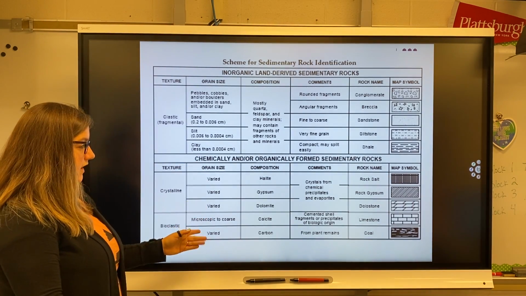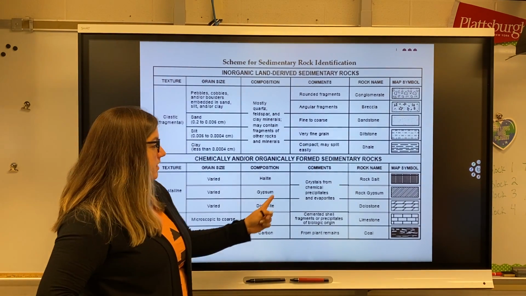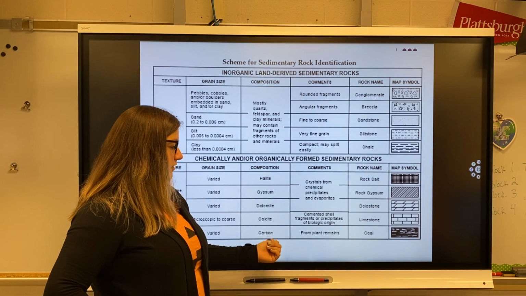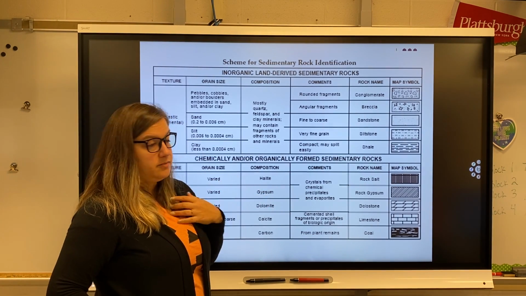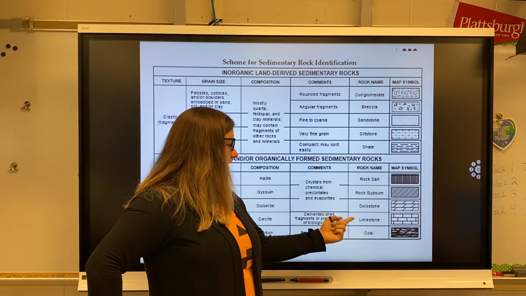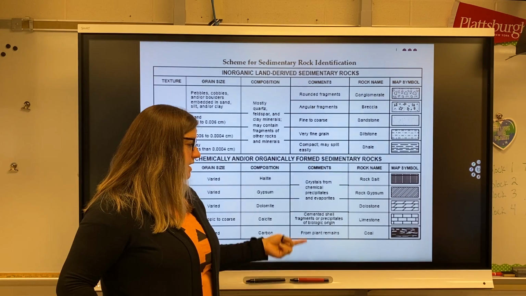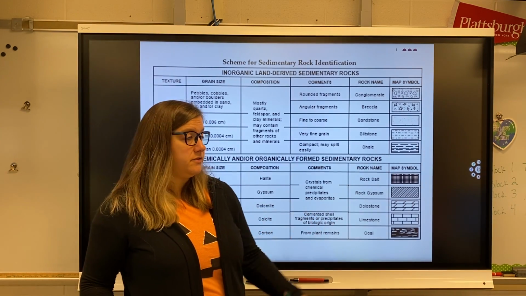Most of these are varied in grain size, with different types of composition. And then the comments, so coal is made up of carbon because it's from plant remains, because living things have carbon in them. And then the limestone can be either chemical limestone made from precipitates and evaporites or of biological origin. So it can actually be made of those shells.